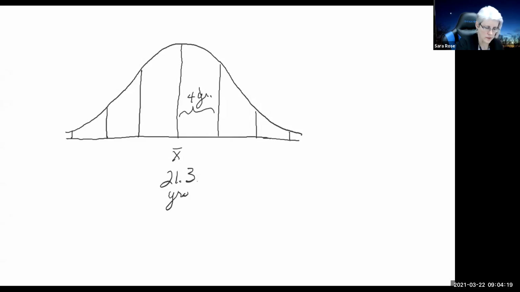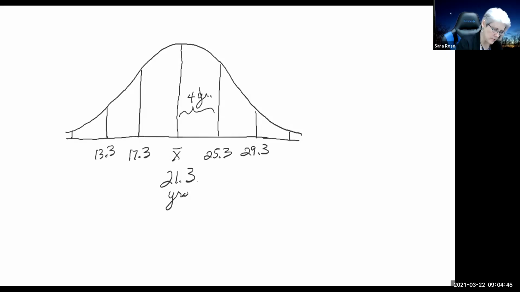So this would be 25.3 and 29.3. And going the other way, 17.3 and 13.3.